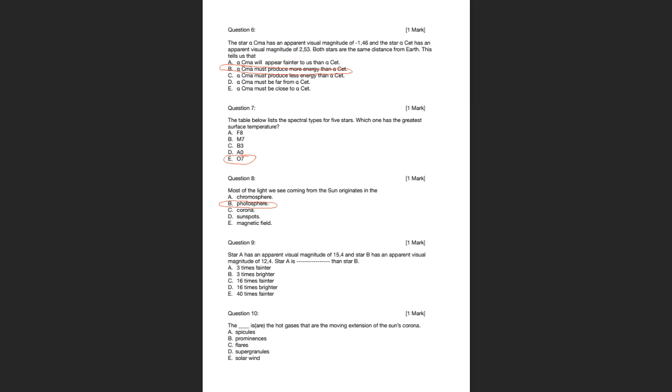In question number 9, star A has an apparent visual magnitude of 15.4 and star B has an apparent visual magnitude of 12.4. Star A is this what, then star B? Why do you say number D?